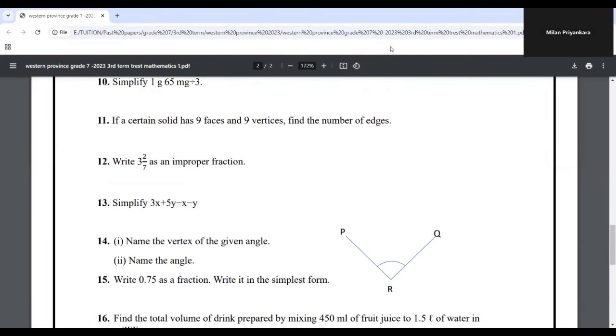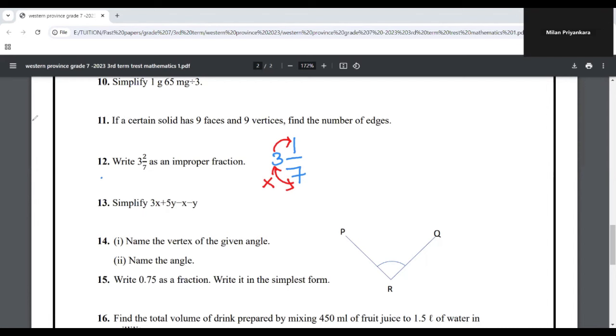Then let's go to the 12th question. You have to convert this mixed number into an improper fraction. What you do is very simple. You multiply these two numbers, and then you add this number.